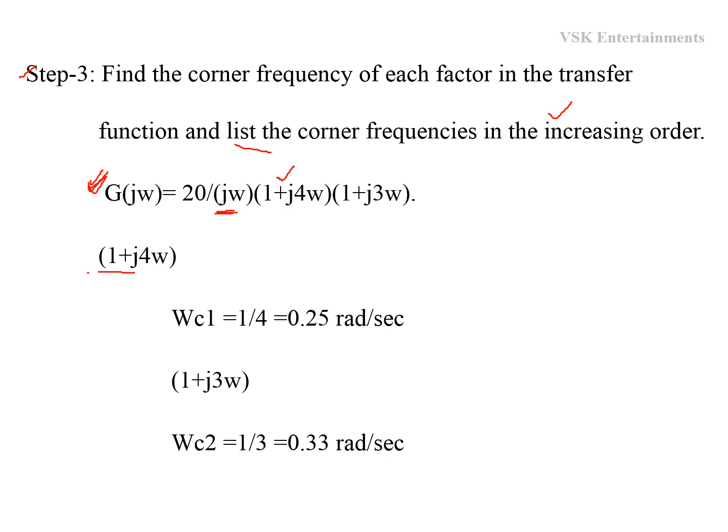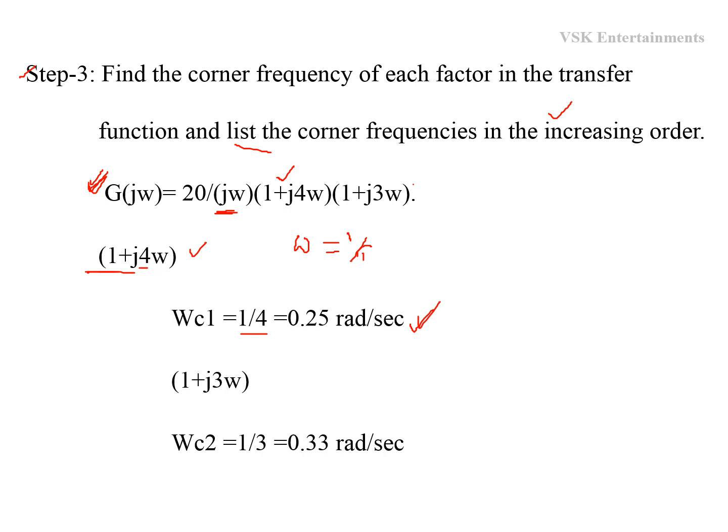For this factor we have to find the corner frequency, that is omega = 1 / tau. Here in this factor tau is 4, so omega = 1/4, that is 0.25 radian per second.